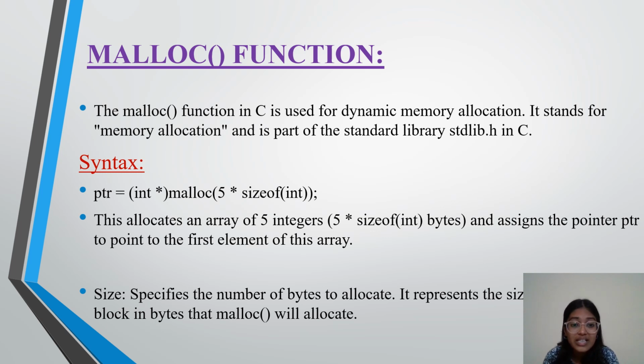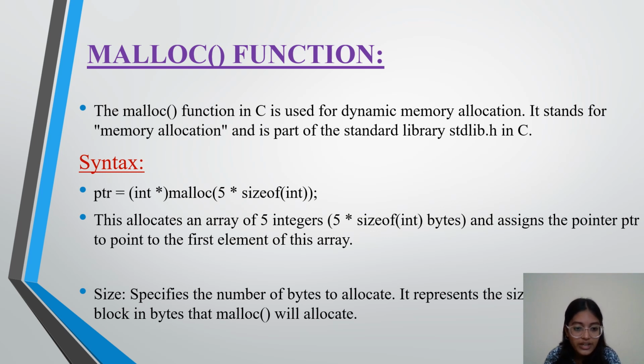And this allocates an array of five integers. Here five integers can be allocated at the same time, and the pointer is assigned to point to the first element of this array. I mean, the pointer will go to the first element of this array.